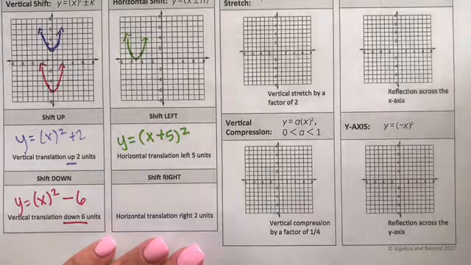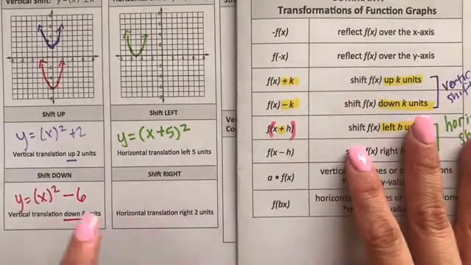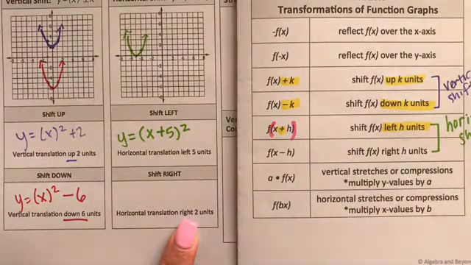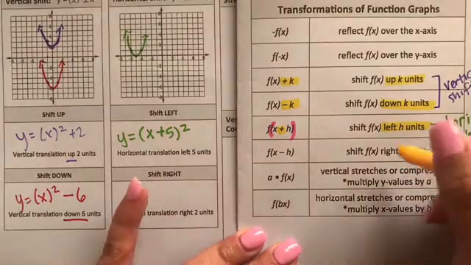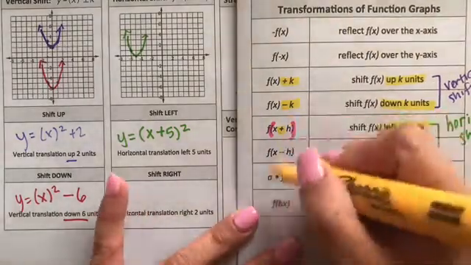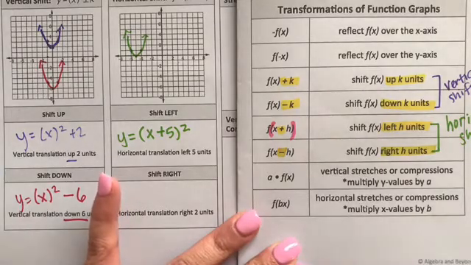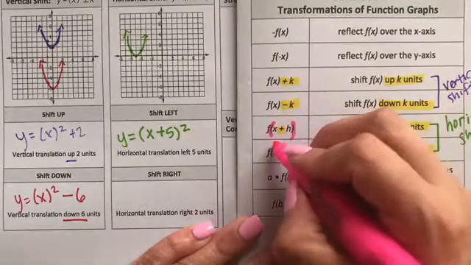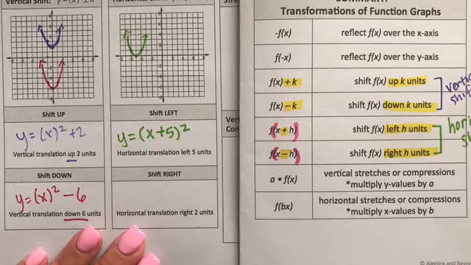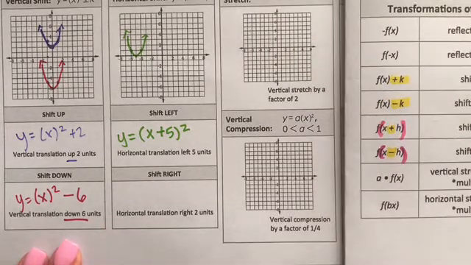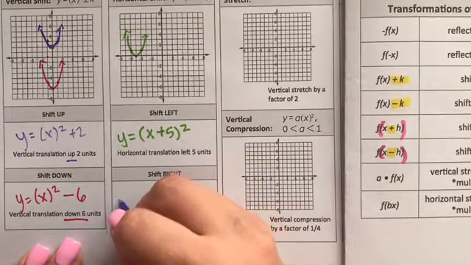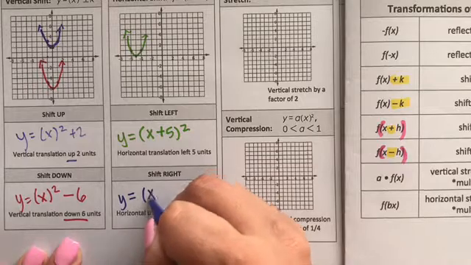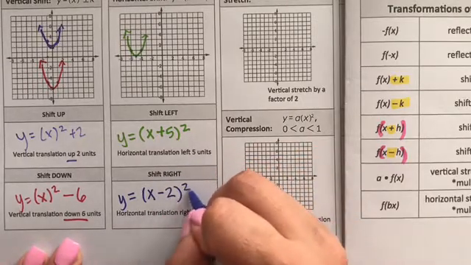Then let's look at our chart again. The next one says to shift right, a horizontal translation right 2 units. That means if I'm going to go right, I'm going to subtract my h, or I'm going to subtract the 2 in this case, and it's going to be in the parentheses. So my graph is going to be y equals (x minus 2) squared.